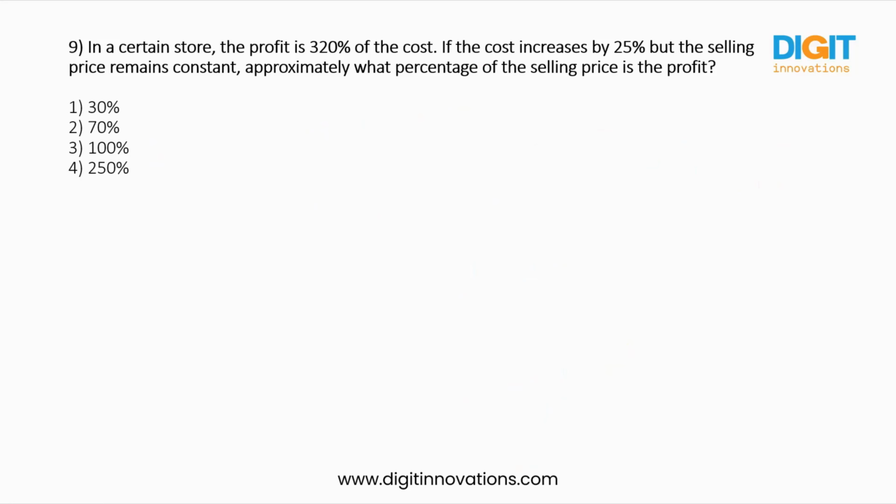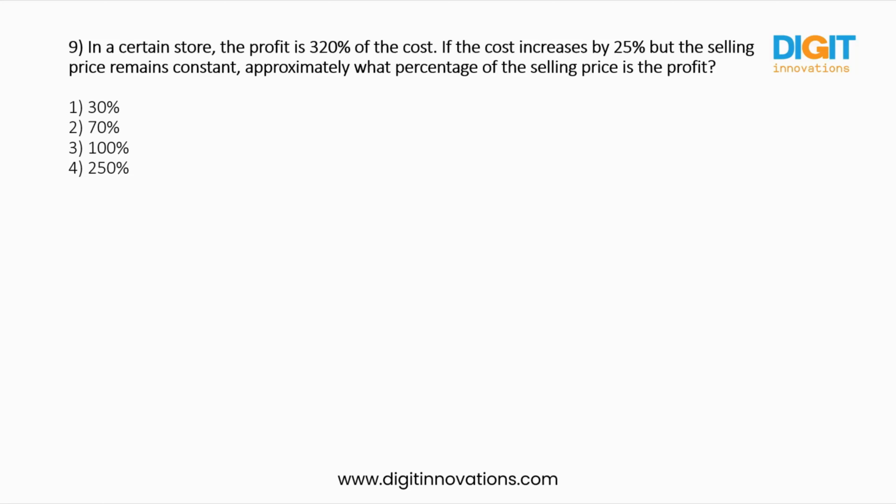So, in a certain store, the profit is 320% of the cost. If the cost increases by 25%, but the selling price remains constant, approximately what percentage of the selling price is the profit? Okay, in a store, there is a profit of 320% of the cost.